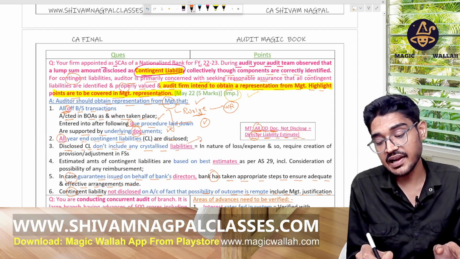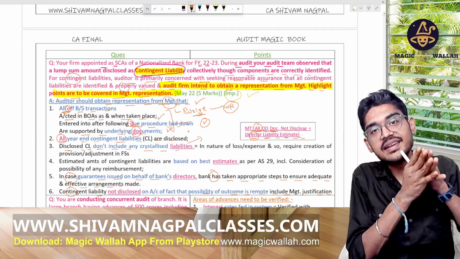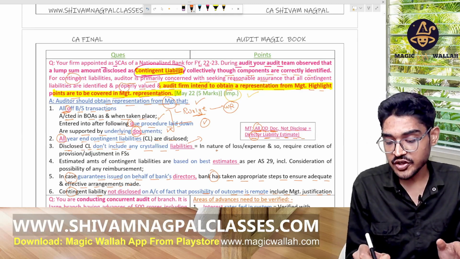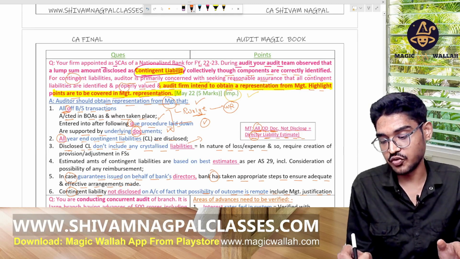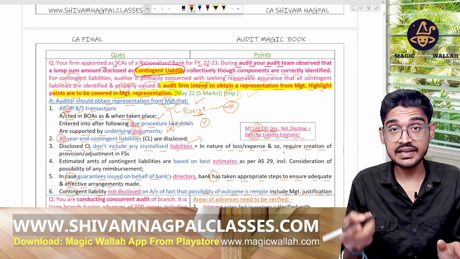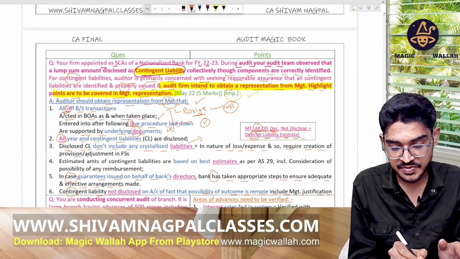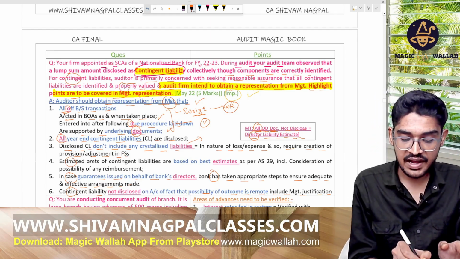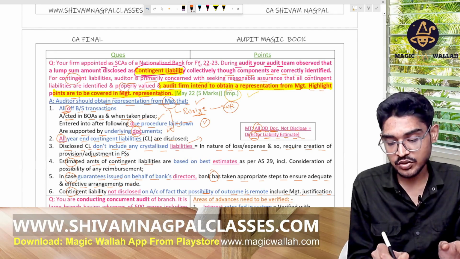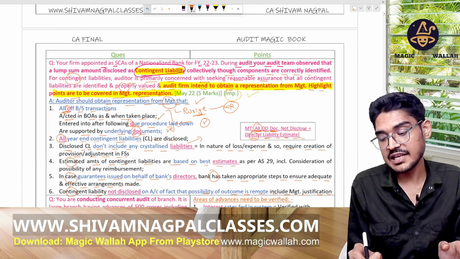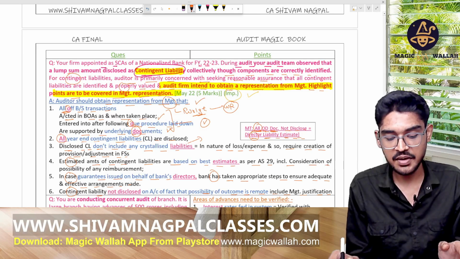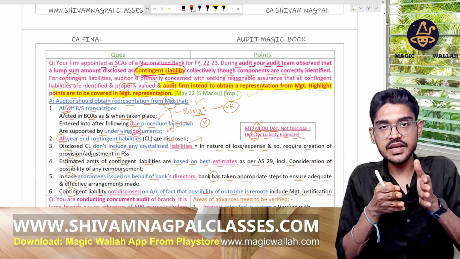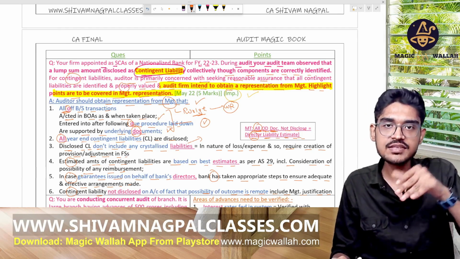If a liability has arisen, it should not be covered as contingent liability; it should be recorded as actual liability. If the nature of loss or expense requires creation of a provision, we have to create the provision and adjust it in the financial statements. The estimated amounts of the contingent liability are based on the best estimate as per AS 29, including the possibility of reimbursement that we have to make in the future. So the calculation of the contingent liability should be made following AS 29.